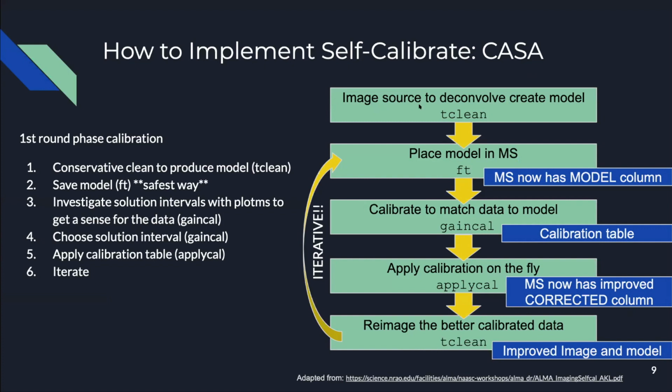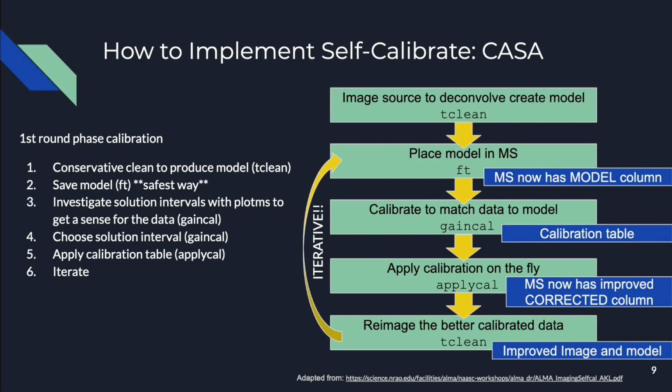Before starting self-calibration, you should select a subset of the visibilities of your science target that you are going to use as a new calibrator. When you run tclean for the first time, you will create the first map, and also a model.